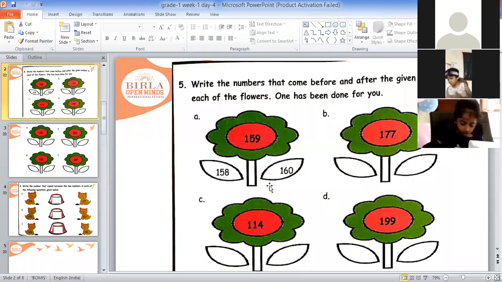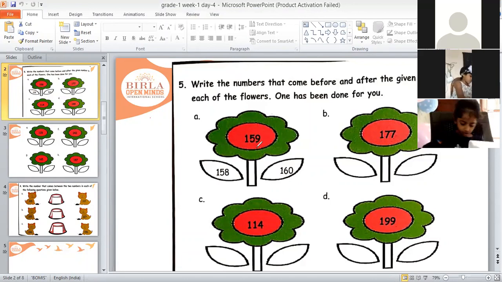Okay. And first bit is already done in your book. You have to see what is the number inside this flower. You all can see this red portion here inside this flower. Number is written there. You have to see that number and after looking at that number, you have to write the number which comes just before and after this number. Okay. Now if you'll see your first bit inside that red color, number is 159.